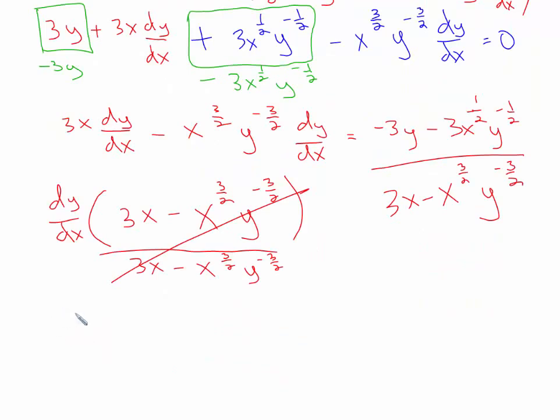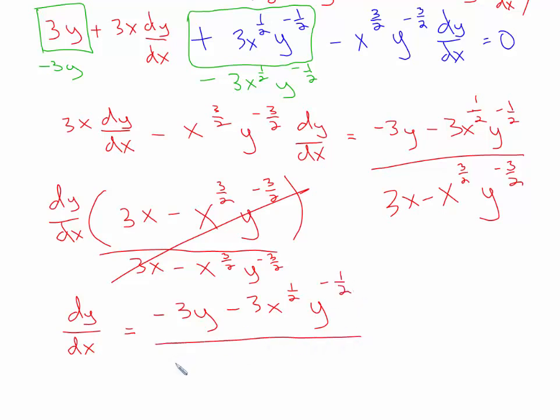So our equation, the derivative of y with respect to x, is equal to negative 3y minus 3x to the 1/2 power times y to the negative 1/2 power, all over 3 times x minus x to the 3/2 power and y to the negative 3/2 power.